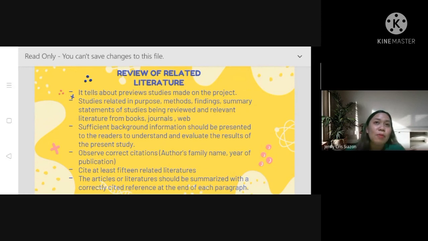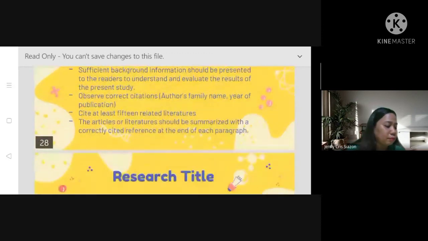Hindi, kumbaga, meron tayong pinagkuhanan ng knowledge. That's why we have to respect the author. No? The author by means of providing citations. And we have to cite at least 15 related literatures. Mas maganda nga 5 years and below. No, yun yung kukuhanan natin ng mga existing literature, whether it be local or national or international.